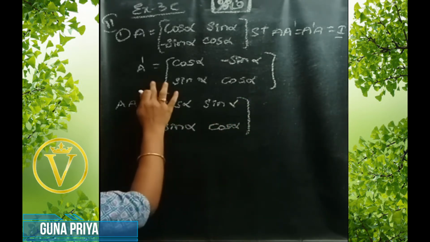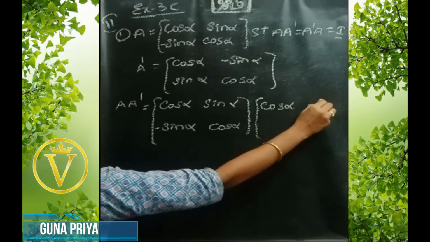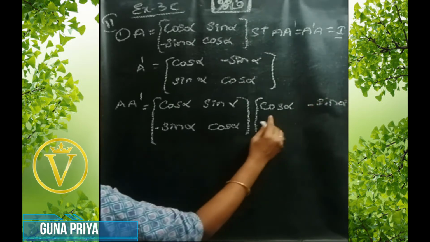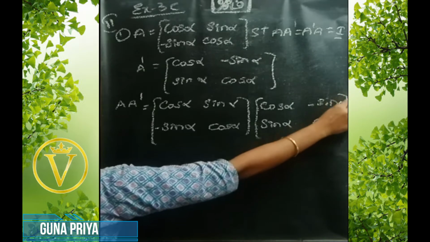A transpose is cos alpha, minus sin alpha, sin alpha, cos alpha.